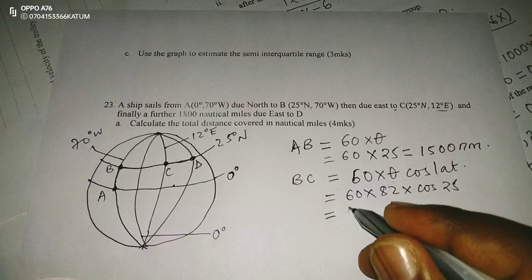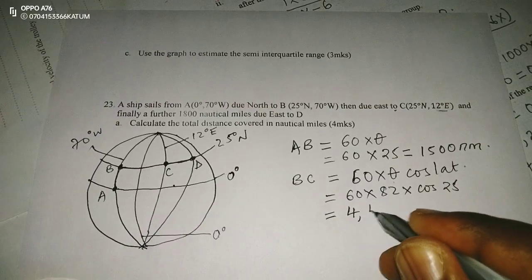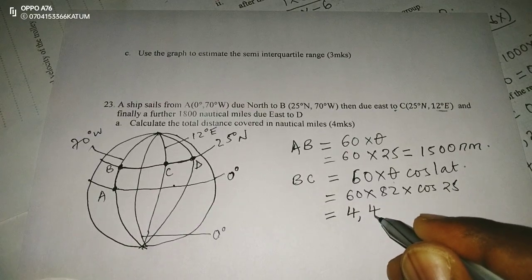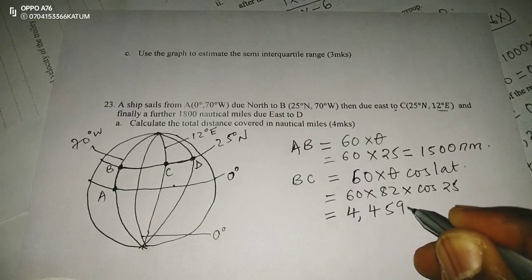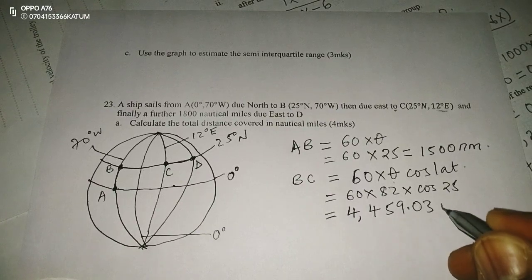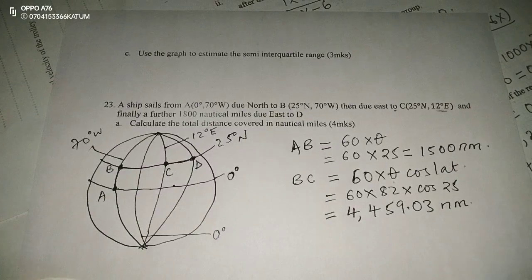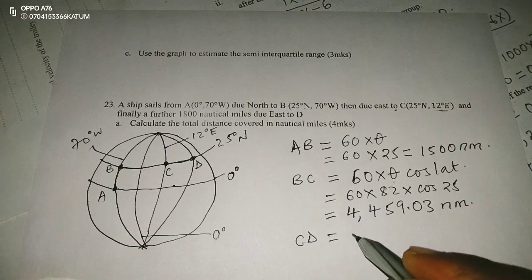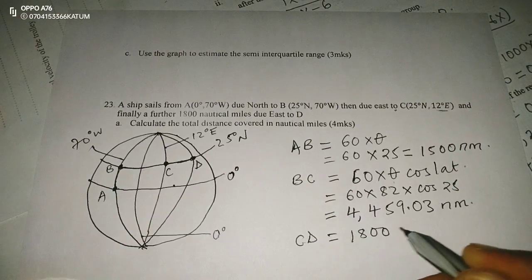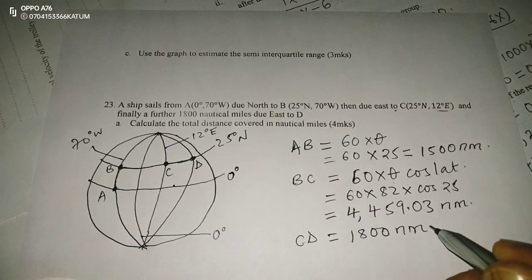This is giving us 4,459.03 nautical miles. And finally, from C to D we have a distance of 1,800 nautical miles.